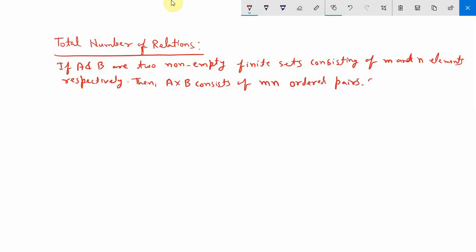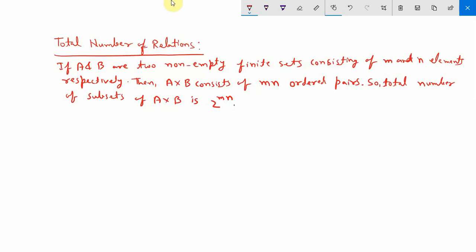So the total number of subsets of A into B, as we have seen in the set chapter, is 2 to the power number of ordered pairs, so 2 to the power m into n. So this is the total number of possible relations.